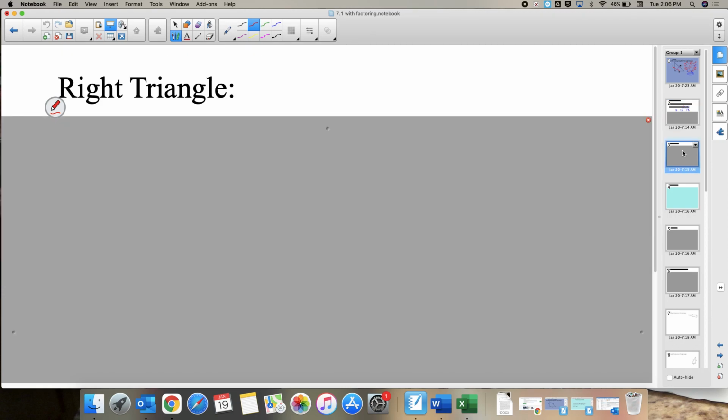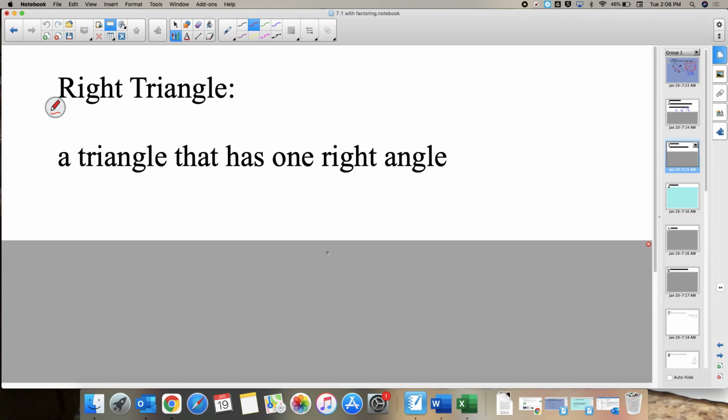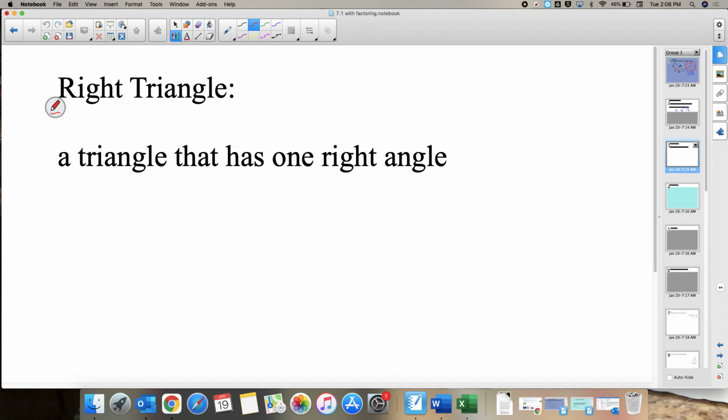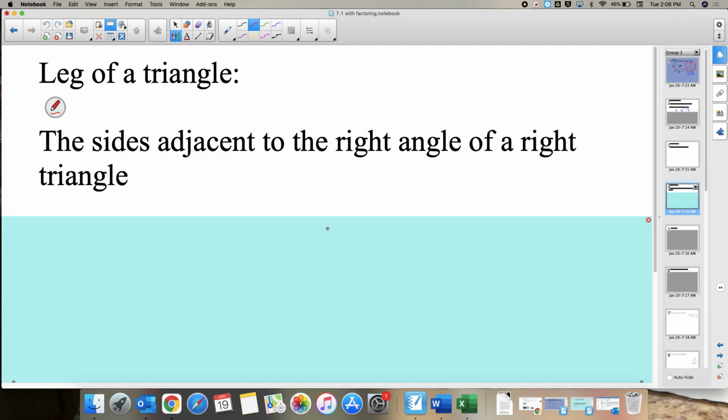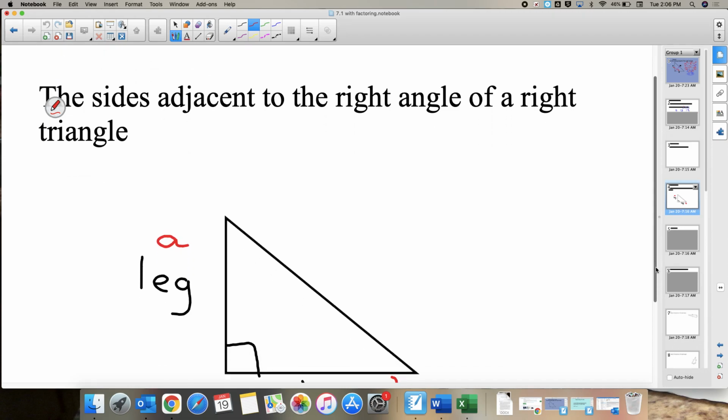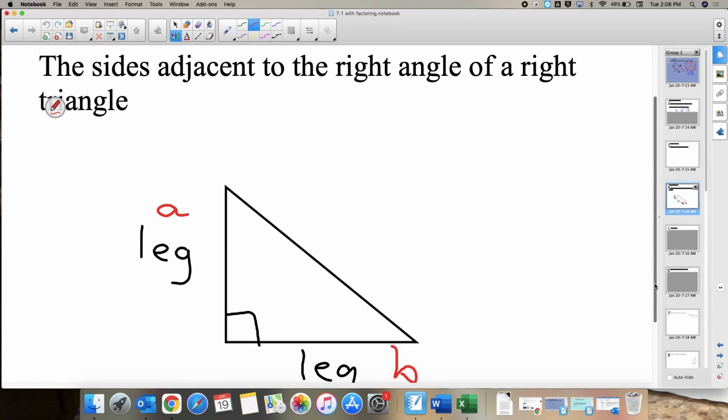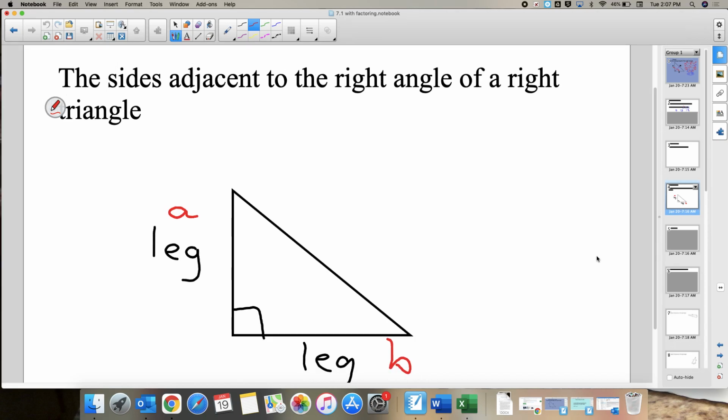Now, Pythagorean theorem only works in one type of triangle. It only works in a right triangle, which is a triangle that has one right angle. In that right triangle, the legs are the sides that are adjacent to the right angle. So they are A and B here. Once again, those two legs are interchangeable.